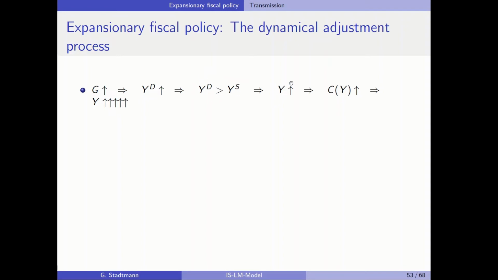The output increases, and hence the income generated in the production process will increase. This affects consumption. Consumption is up. And in the first step, GDP would increase by 5 arrows here. We would have a multiplier equal to 5.